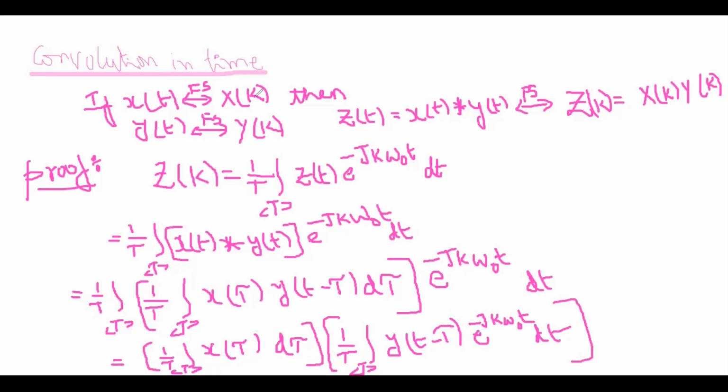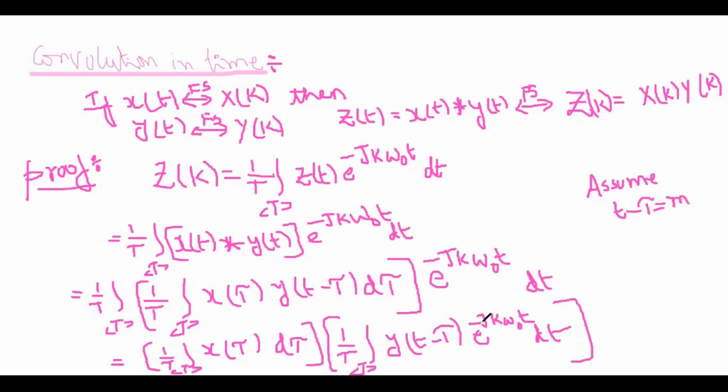Instead of x, here the y is there, y of t minus tau, t minus t naught, where instead of t naught here it is tau. Or otherwise, you can assume t minus tau is equal to m, as usual what we did in the time shift property.